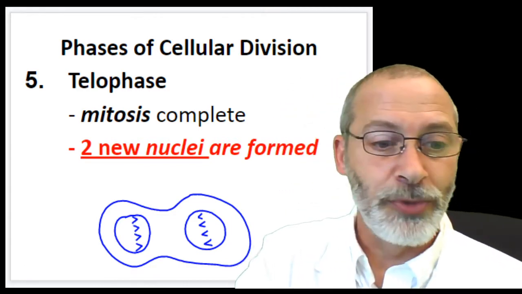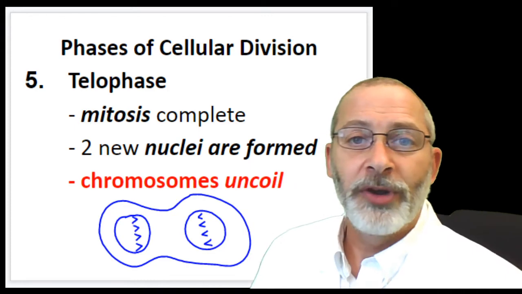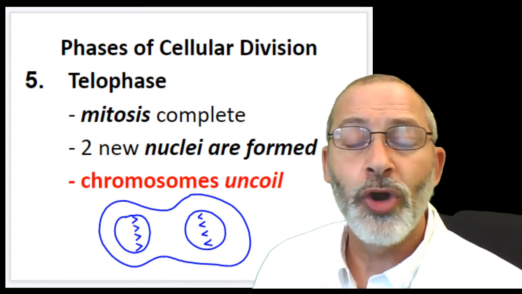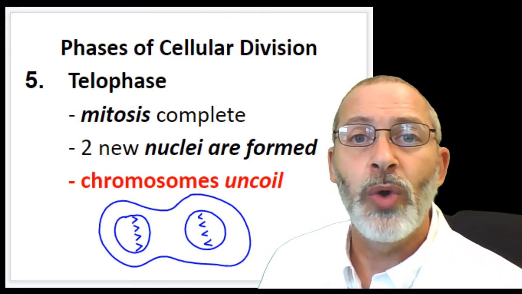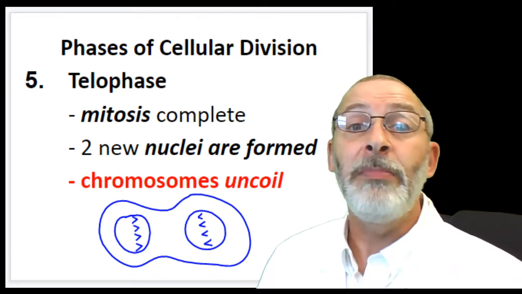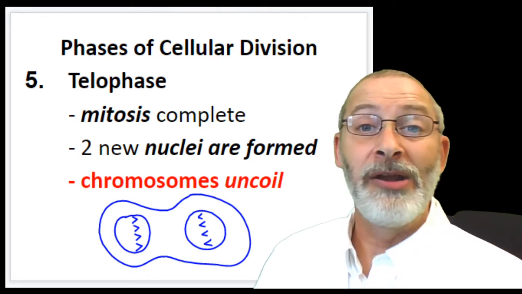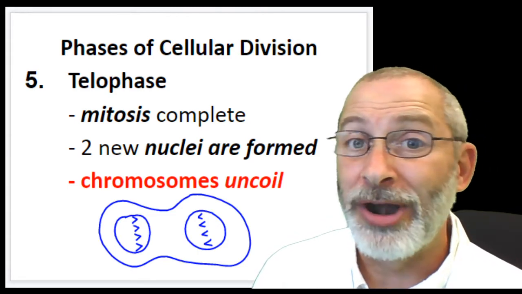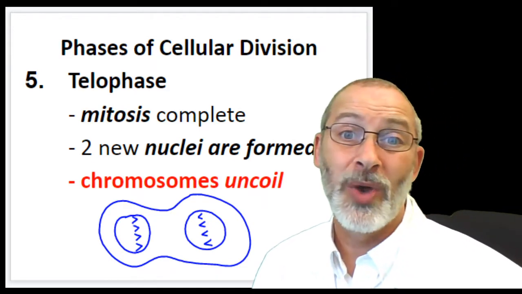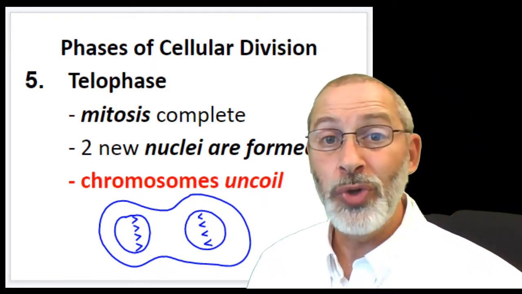Okay, so let's move on to the next slide. And during telophase, one more thing happens. The chromosomes begin to uncoil. They begin to unwind. They begin to relax a little bit. They don't have to impress their partner at the dance anymore, because the dance is over when there are 2 new nuclei.